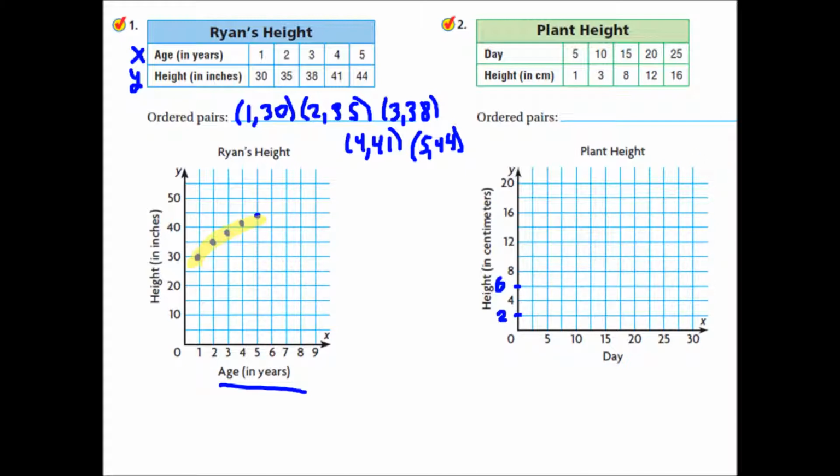So we're going to write down the ordered pairs for the plant height. Again, the number of days is on the x-axis, so it's going to be first, and the height of the plant is going to be the y-coordinate.